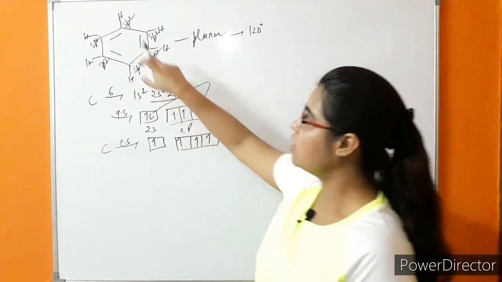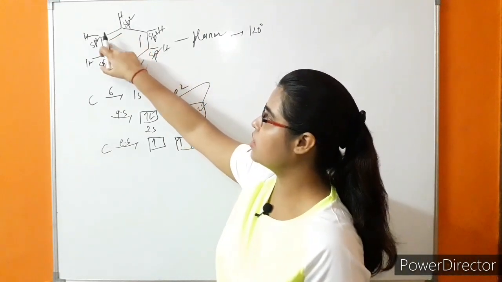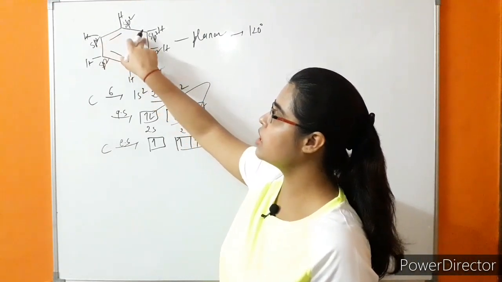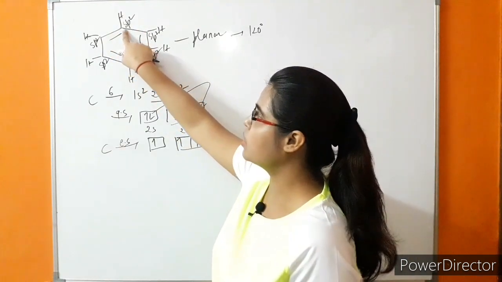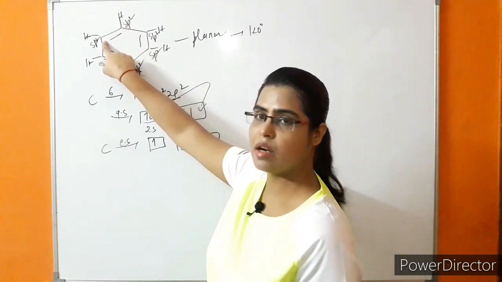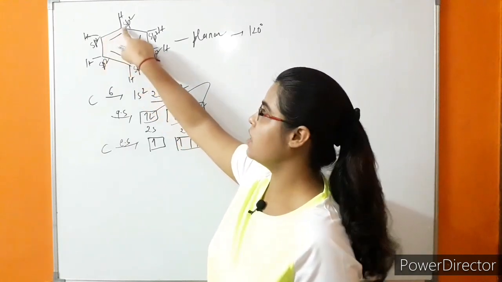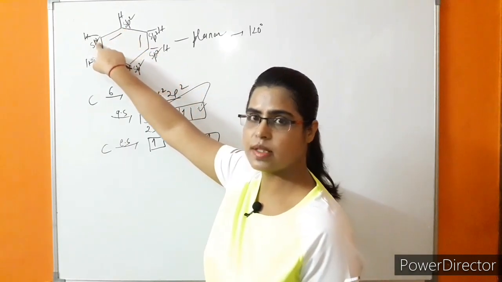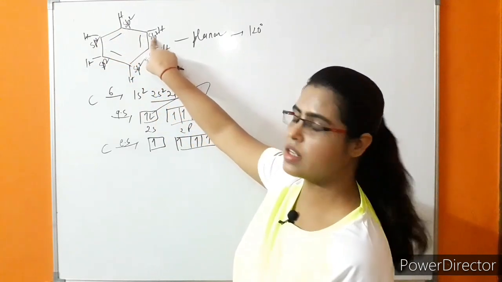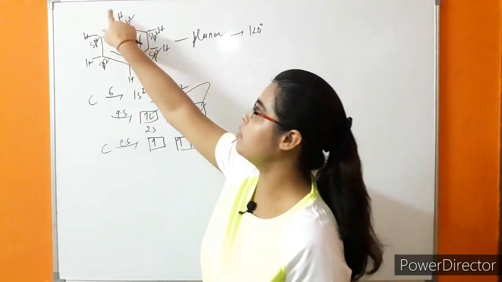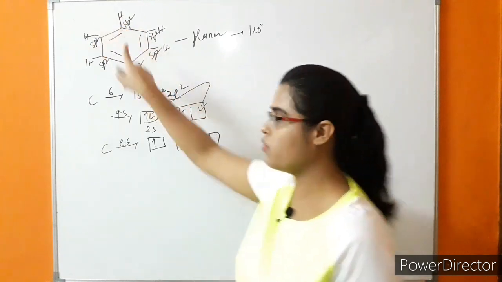So what is happening? This carbon is bonded to 2 neighboring carbons and 1 hydrogen. This carbon is bonded by one single bond, that is a sigma bond, and another pi bond with this carbon, and it is bonded by a sigma bond with this next carbon, and one sigma bond with this hydrogen.